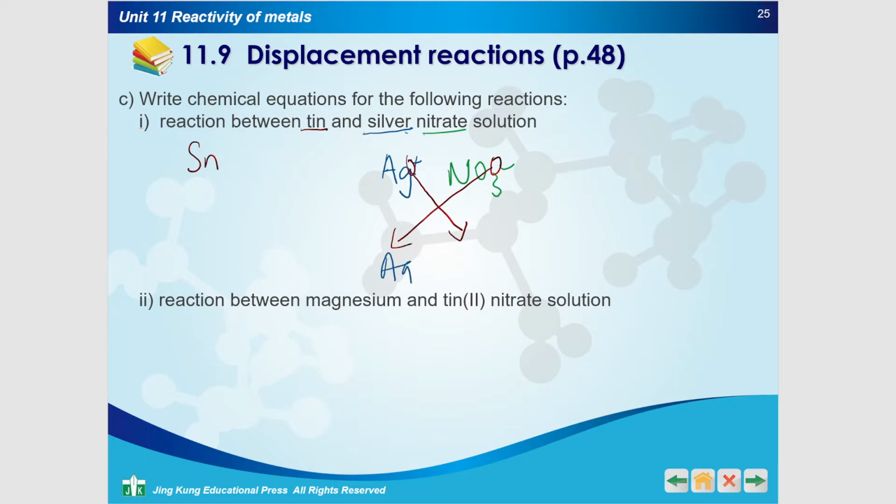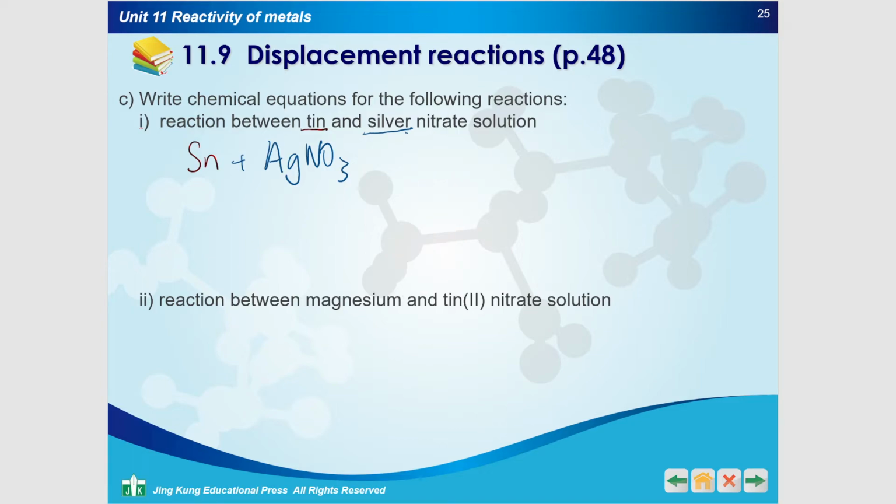Here for Ag, on the other side where the nitrate was, is there any number there? No, it's just 1, so you just put the 1 there. For NO3, actually we know it's 1+ or 1-, right? We add the 1 here, but as I taught you, we don't write the 1, so it's just AgNO3. So plus AgNO3. Okay?